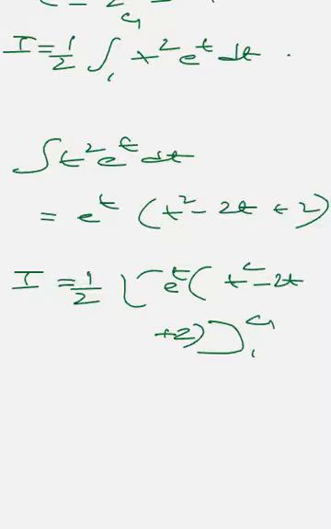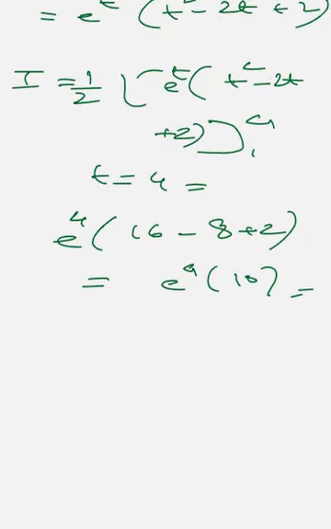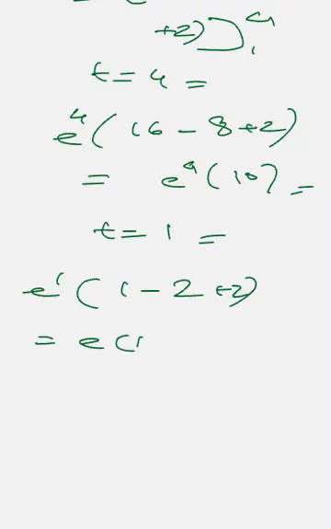So first substitute t = 4. This becomes e^4 times (16 - 8 + 2), that is e^4 times 10. Now substitute t = 1. So we get e^1 times (1 - 2 + 2), that is e times 1.